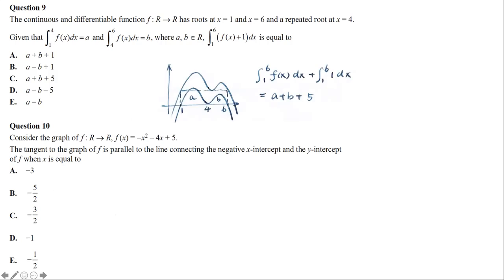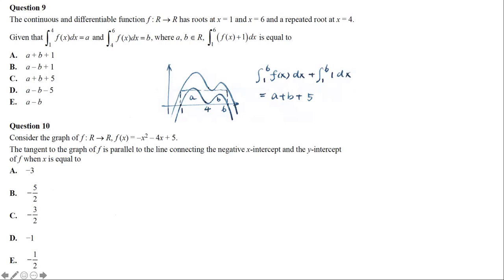In this case, I just quickly draw a possible graph. Notice that x equals 4 is a repeated root. Therefore, my graph could have this bit all above or just on the x-axis.